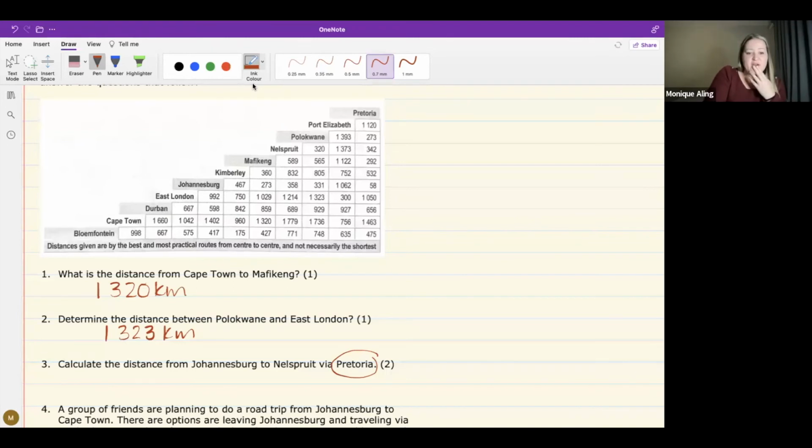Okay, so we're going from Johannesburg to Nelspruit, but via Pretoria. So let's check this out. Johannesburg to Nelspruit. Sorry. Johannesburg to Pretoria.